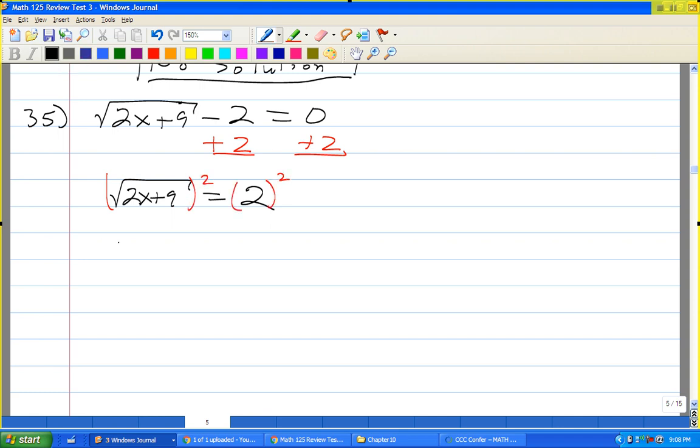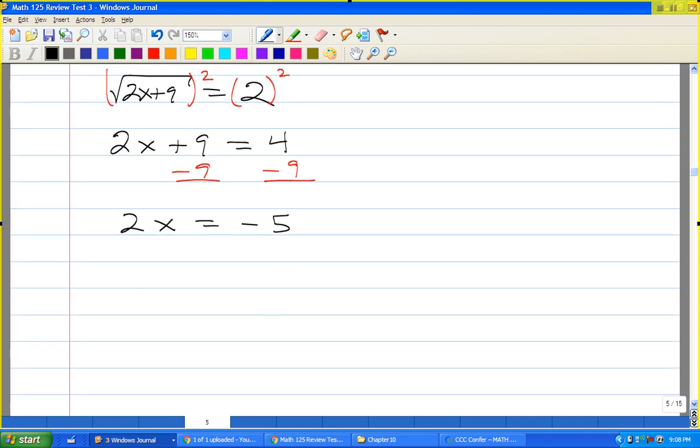The square gets rid of the square root. 2 squared is 4. Subtract 9 from both sides of my equation. So 2x equals negative 5. Divide both sides of my equation by 2. So x is equal to negative 5 over 2.